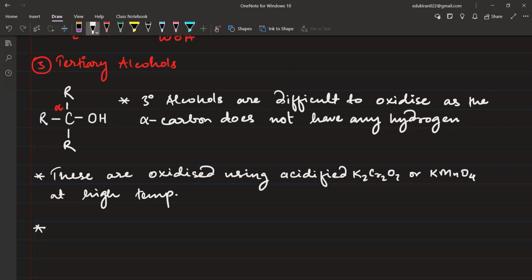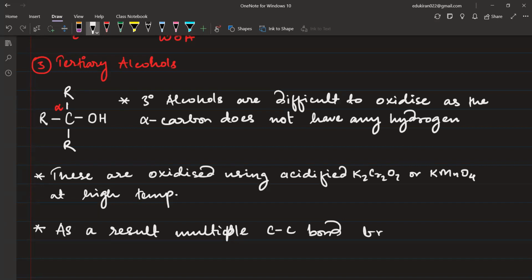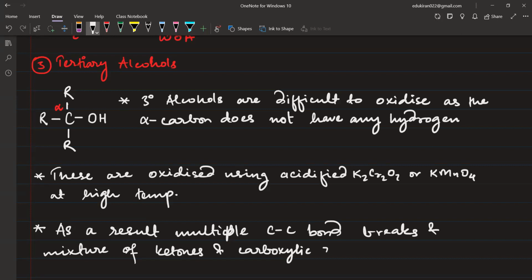So what happens as a result? Multiple CC bonds break and a mixture of ketones and carboxylic acid is formed.